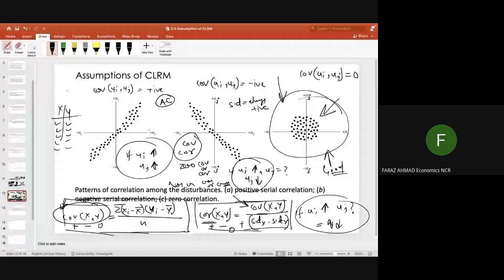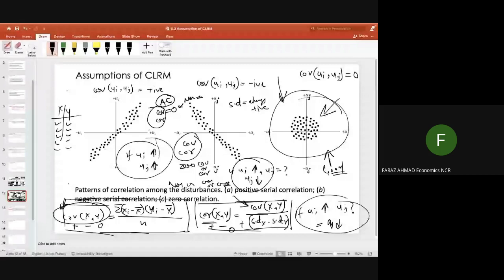Here in this autocorrelation assumption, we are exactly interested in knowing this fact, whether covariance is zero or non-zero. So we can use the words correlation and covariance interchangeably, right? Okay, sir.